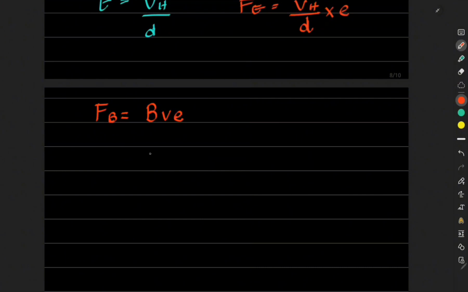The downward force is due to the magnetic field and the upward force is due to the electric field intensity. The electric field force should be equal to the magnetic field force.